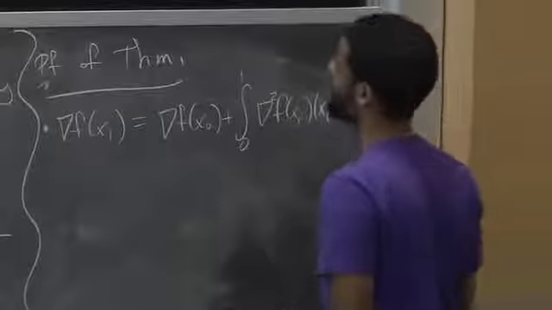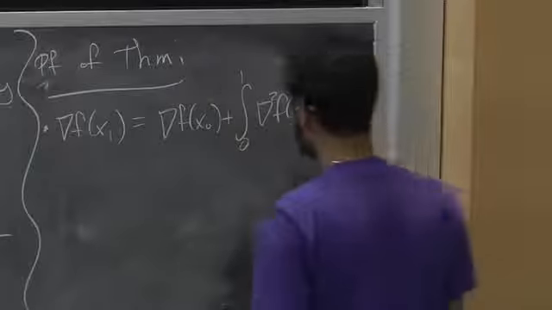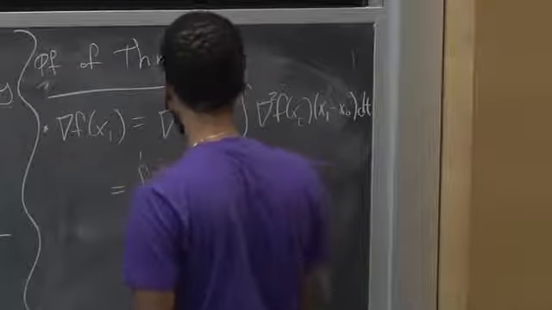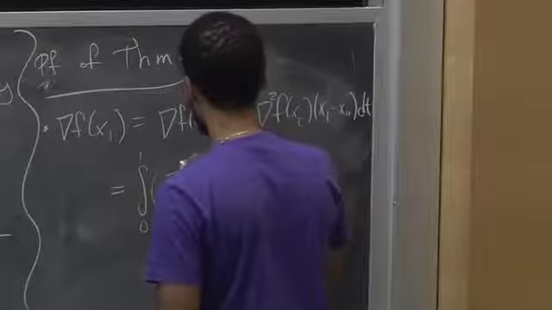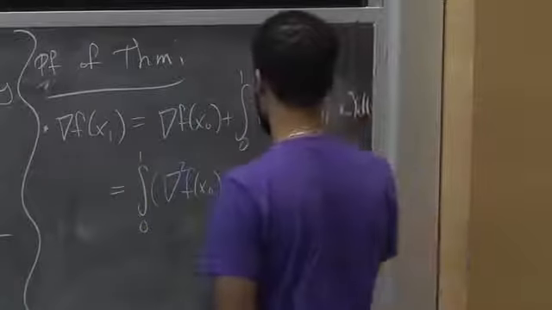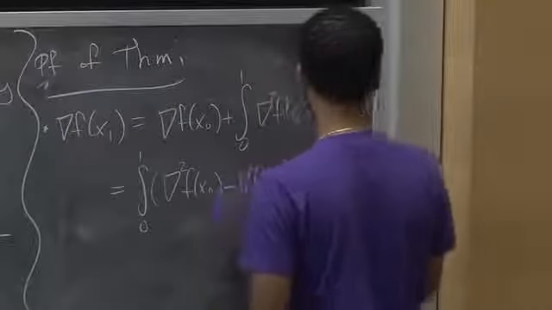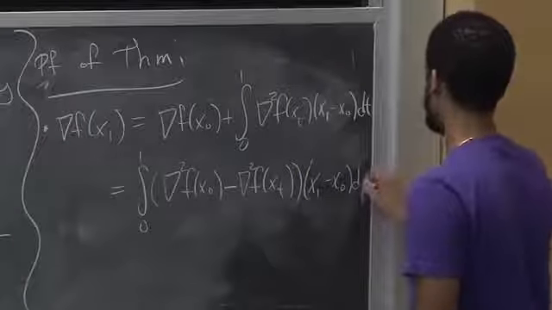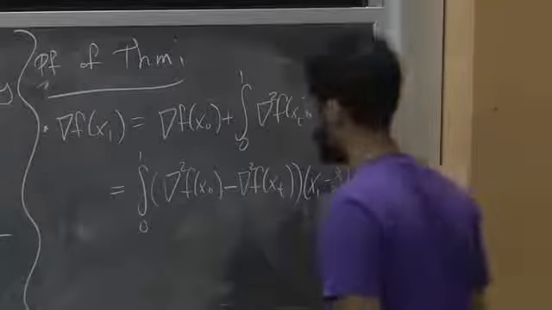And this thing, so now we're going to use what x1 actually is. This thing is equal to the integral from 0 to 1 of the Hessian at x0 minus the Hessian at xt, times x1 minus x0, dt. Oh, wait, sorry, this is not right.